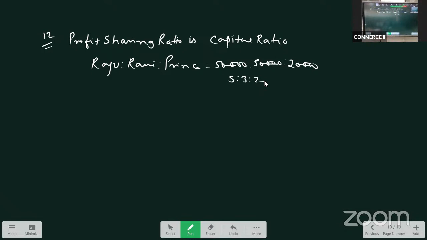So we have to take this as the profit sharing ratio. Whatever ratio their capitals are bearing in the balance sheet, that should be taken as the profit sharing ratio, which stands to be 5:3:2. Okay, done.